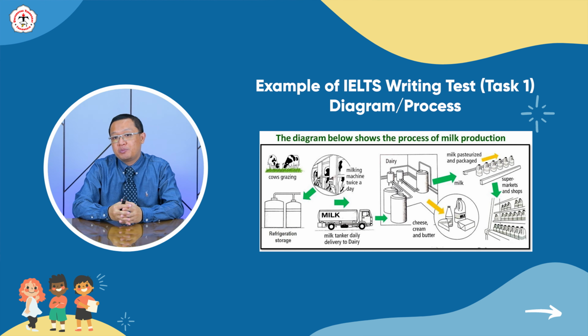So these are at least the formal essays that you have to be familiar with before you sit for your writing task. Okay? And this writing task 2 is worth 66% of the total writing marks. So the contribution of this part is 66%, while task 1 is 33%.